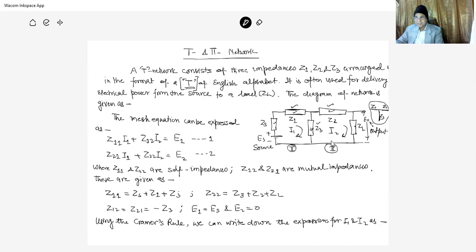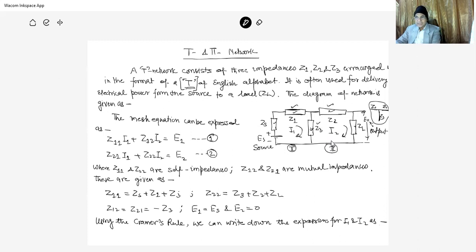So Z11 into I1 plus Z12 into I2 is equal to E1. This is equation 1. And Z21 I1 plus Z22 I2 is equal to E2. This is equation number 2.